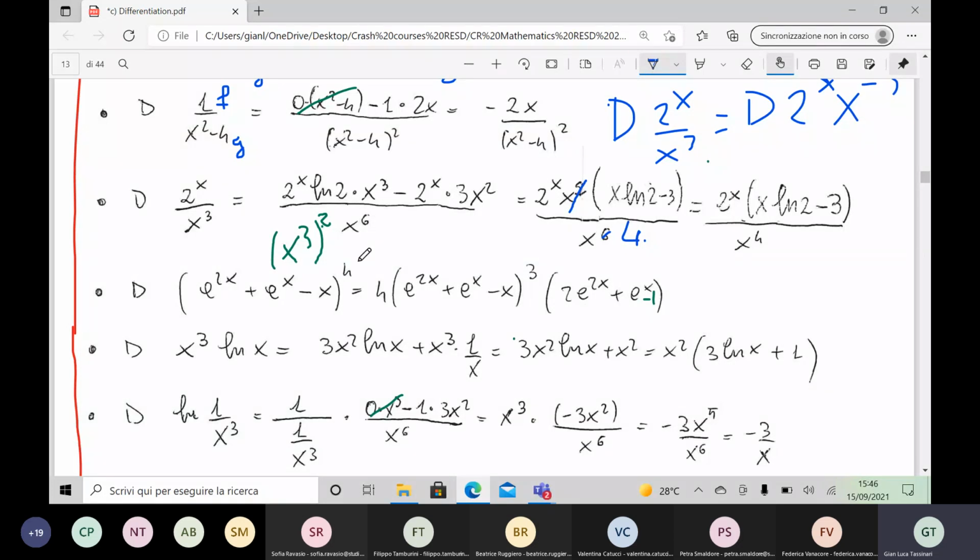And then you have plus what? The derivative of e to the power x. But the derivative of e to the power x is a very special, super special derivative, which is simply e to the power x itself. So plus e to the power x and plus the derivative of minus x, which is minus 1. So minus 1.